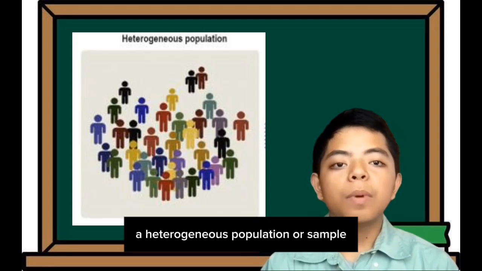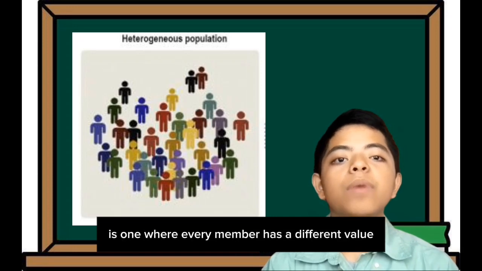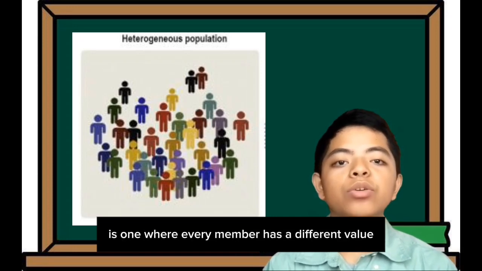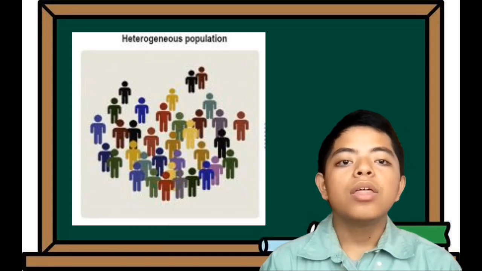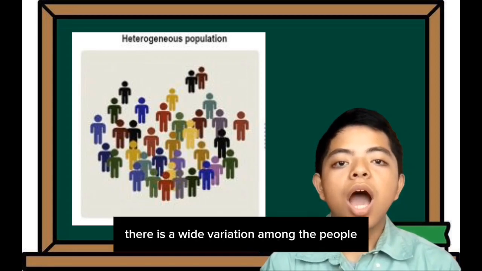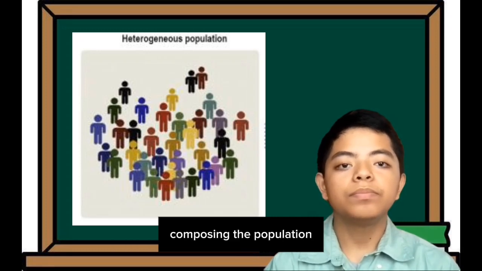A heterogeneous population or a sample is one where every member has a different value for the characteristic you're interested in. There is a wide variation among the people composing the population.